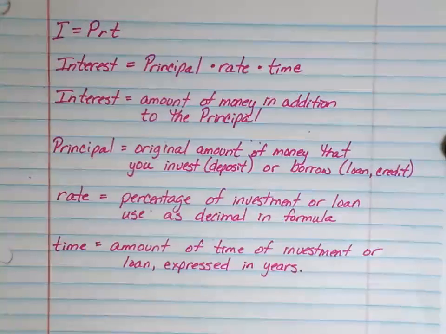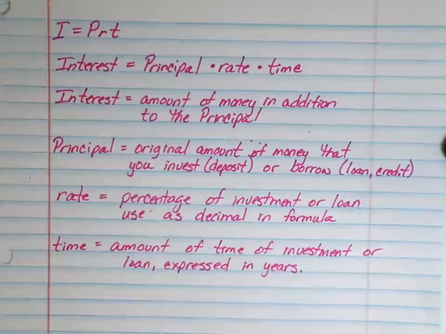How long is 3 months in years? No, that would be 3 years. How do I show 3 months as a year? What fraction of a year is 3 months? 3 over 12. What does that reduce to? Yeah, it's a quarter of a year, right? 3 out of 12 is 1/4 of the year. So when I do time, I always have to do it in terms of years.